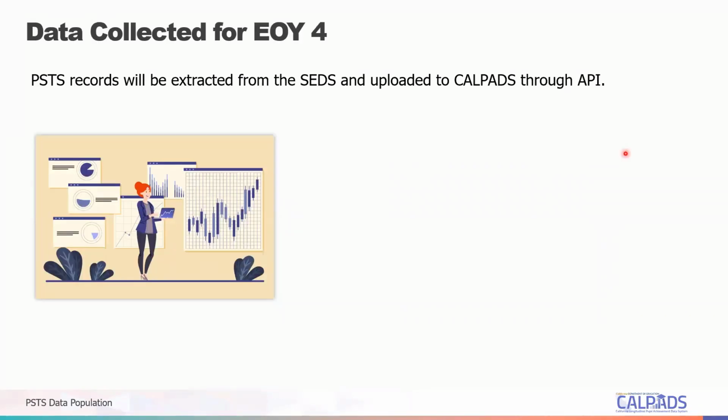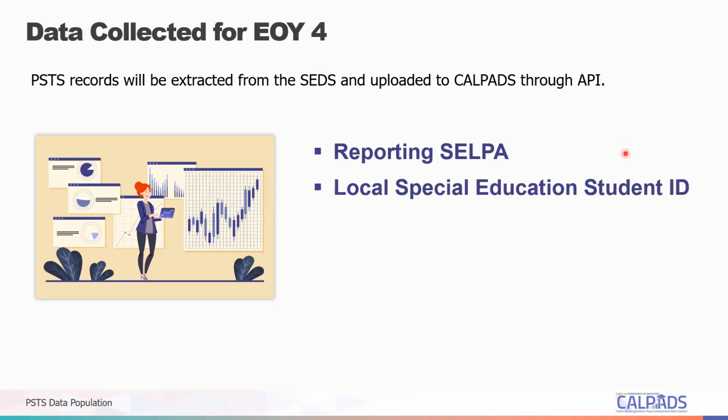Here is the important information being collected through the survey and reported in the PSTS file for end of year 4. First is the reporting CELPA, which reflects the CELPA region the LEA is associated to. Second is the local special education student ID, which is a unique identifier assigned to a student by the CELPA or state-operated program.